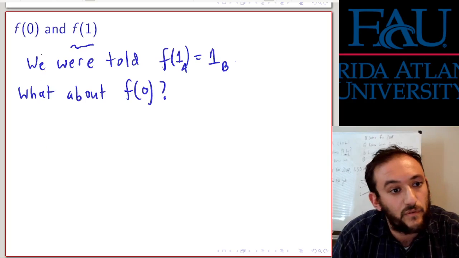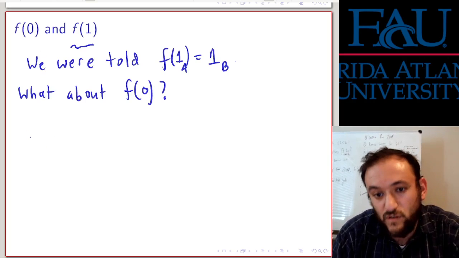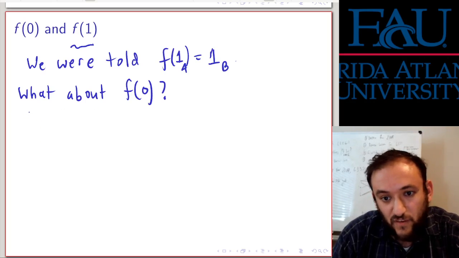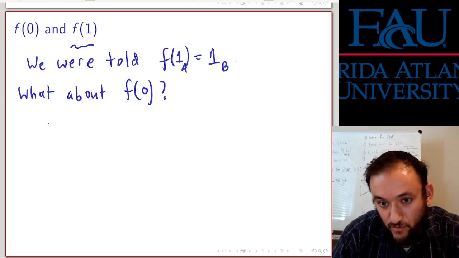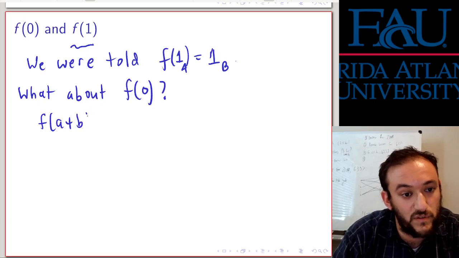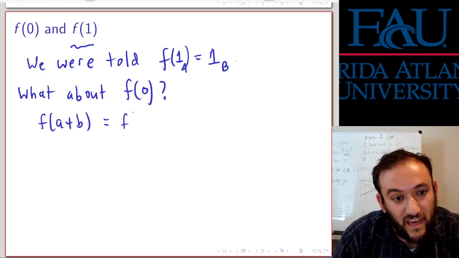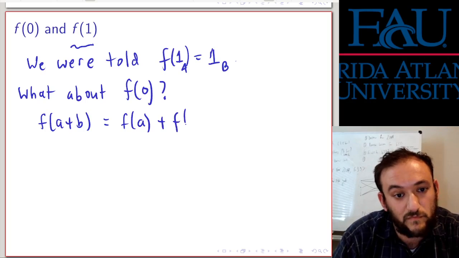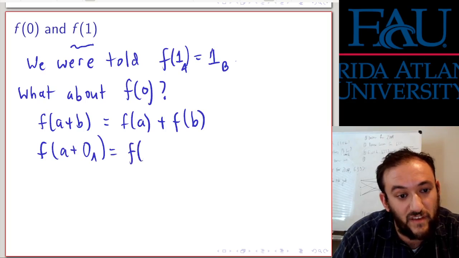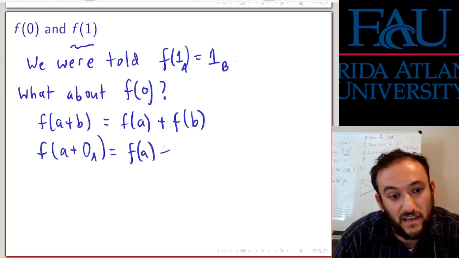Okay, so the reason we don't need to write explicitly that f of 0 equals 0 is because it follows immediately from the other rules of the homomorphism. We saw that f of a plus b must be equal to f of a plus f of b, but then that means that f of a plus 0_A has to be equal to f of a plus f of 0_A.